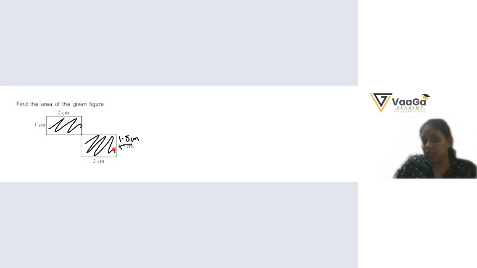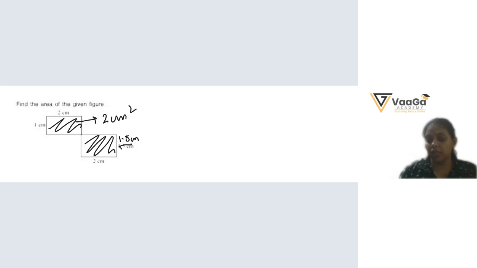You have to calculate the area. So for the first one, it's 2 square centimeters.